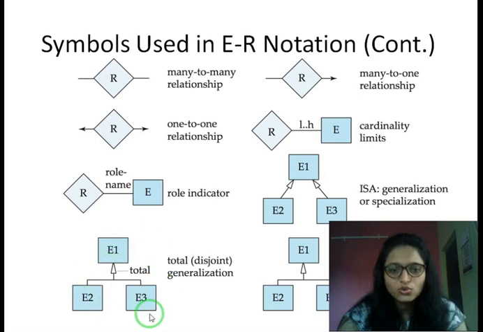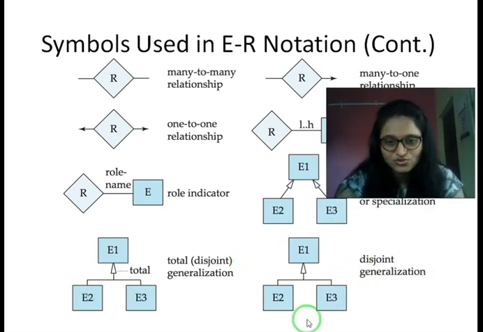This is total participation on generalization. Total generalization is denoted by a dotted symbol with a total keyword. If this dotted symbol and total keyword are not there, then it is a partial relationship. So this is a partial or disjoint generalization, and this is the total generalization.